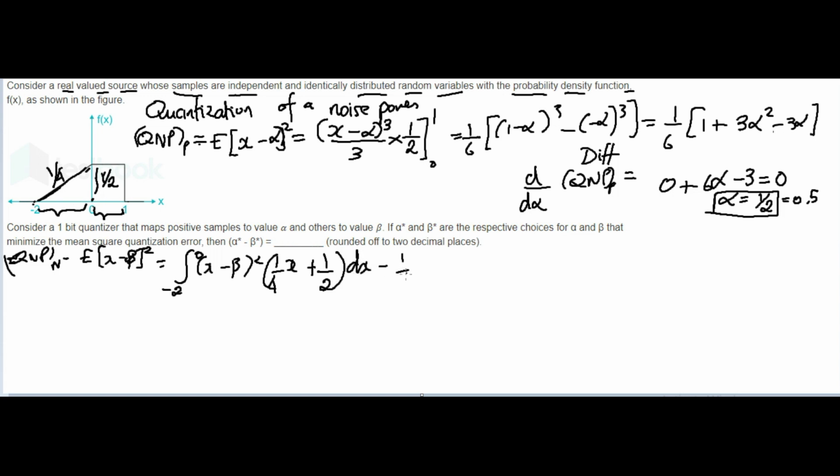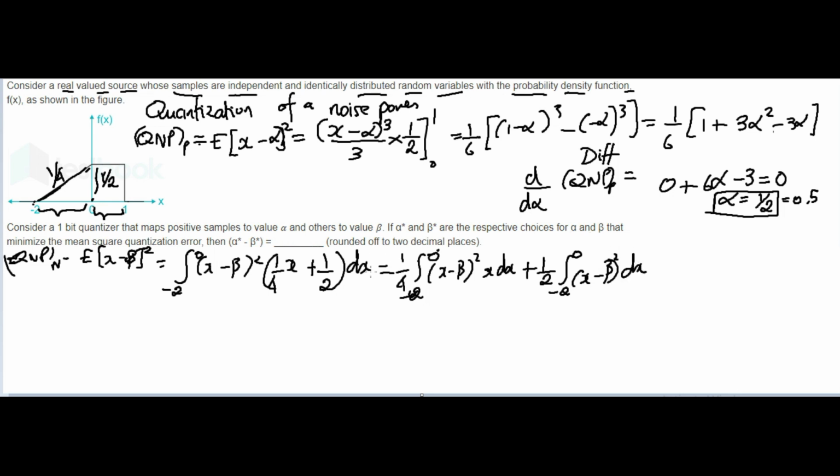So it should be equal to 1 by 4 into the integral from minus 2 to 0 of (x minus beta) the whole square into x dx, because I'm simplifying everything, and then plus 1 divided by 2 into the integral from minus 2 to 0 of (x minus beta) the whole square into dx.